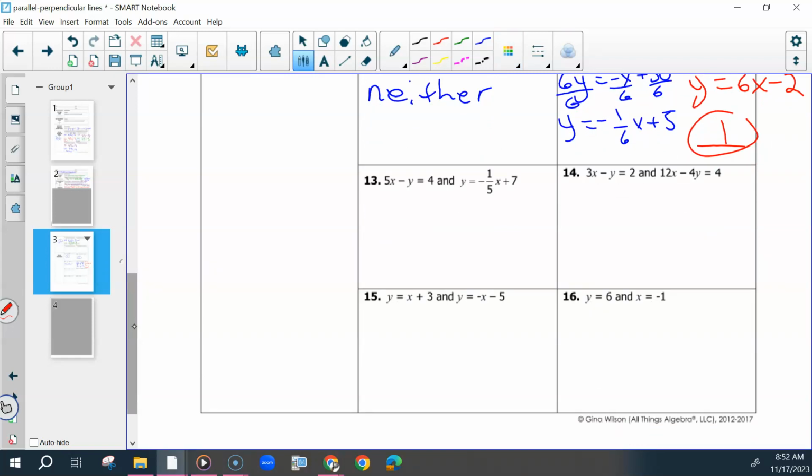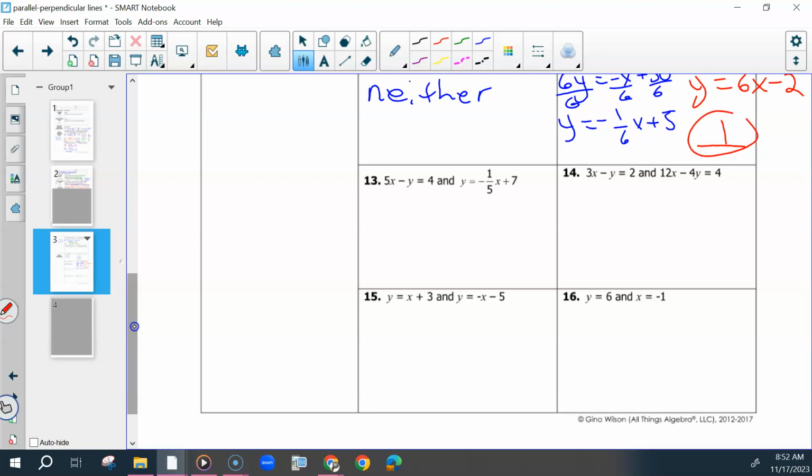15, parallel, perpendicular, or neither. What are our slopes here? 1 and -1.